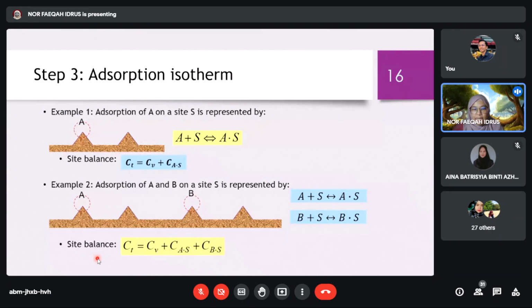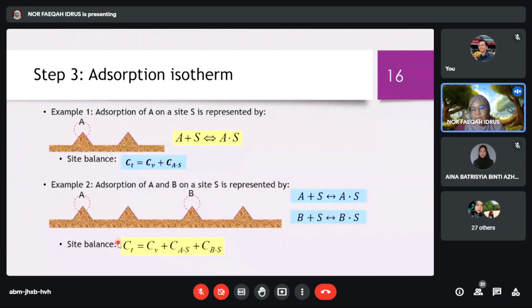When we write the site balance, CT, the total concentration of sites, equals CV. CV is the total molar concentration of vacant sites. Don't look at the picture; the diagram is just for you to understand how the adsorption occurs. Even though the picture shows two vacant sites, we don't write it as 2CV. No, that is a wrong concept. CV is the total molar concentration of vacant sites.